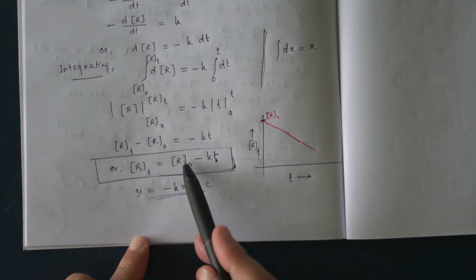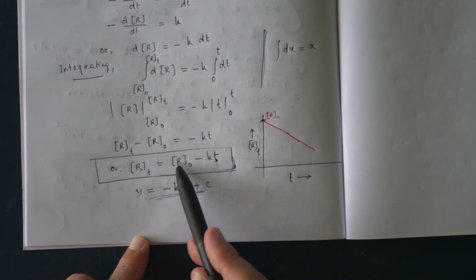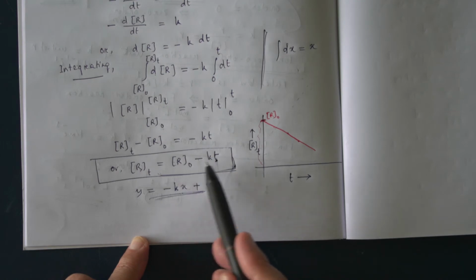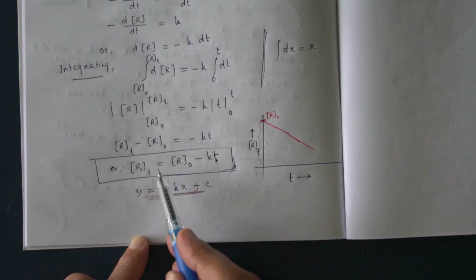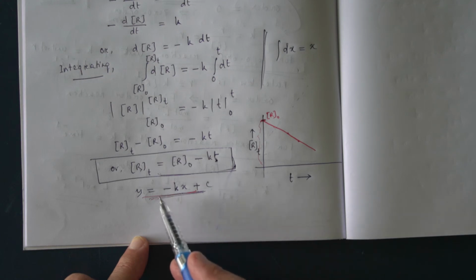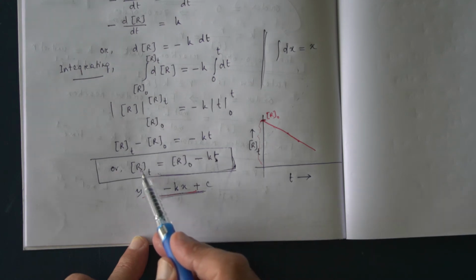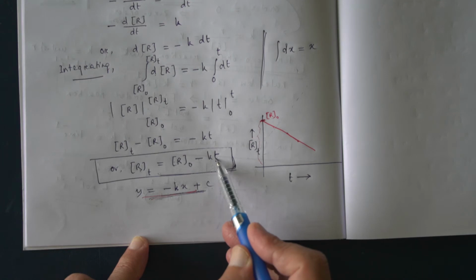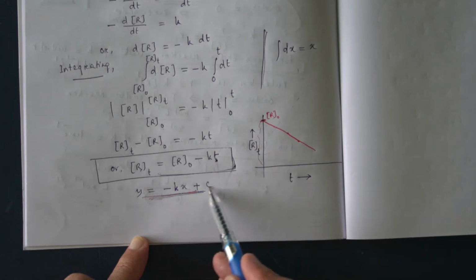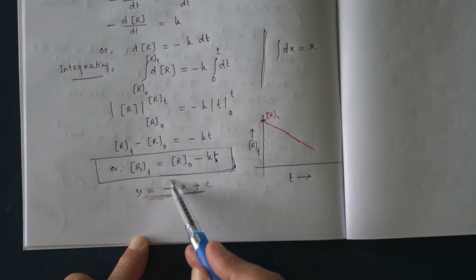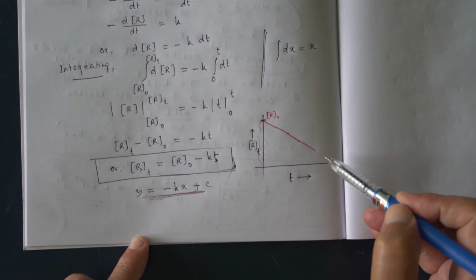Mathematically, if we use this equation to draw the graph, we can predict the nature of the graph using mathematics. We can predict the nature of the graph when we plot this versus time, because this is the equation of a straight line, but here k is negative, m is negative, so the graph will be like this.